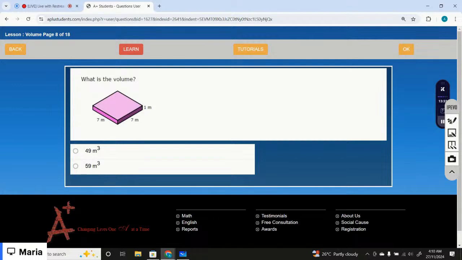What is the volume, which is the correct option? The correct option is 149 meter cube. Okay, you can complete the lesson by yourself later today. Let me just move on to the next lesson.